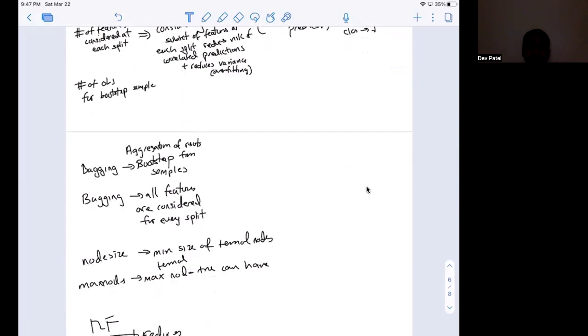You calculate the residual sum of squares at the root node, where you're comparing the predicted values, which would be the average, against the actual values.